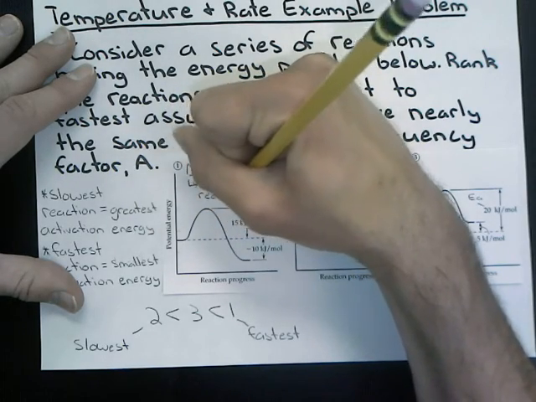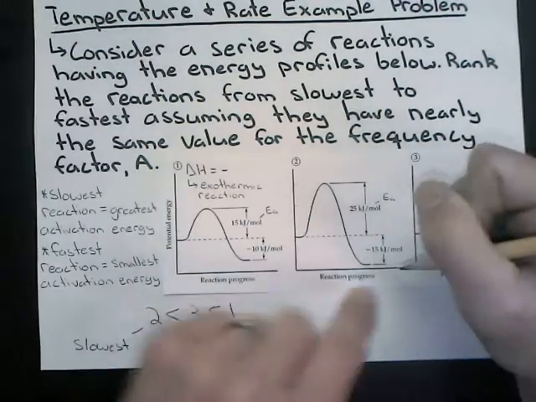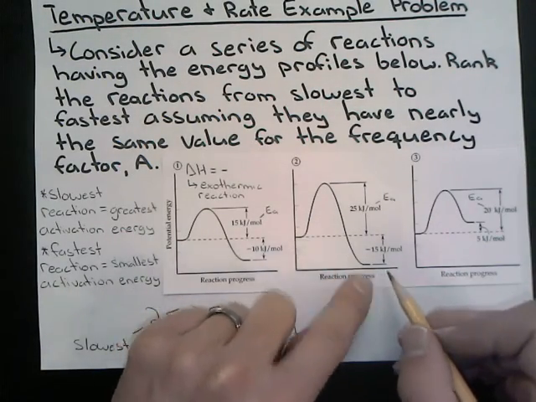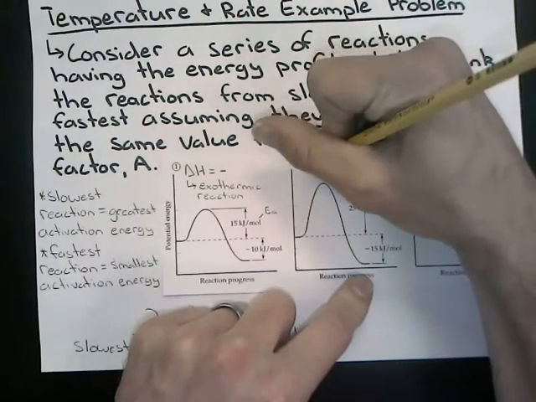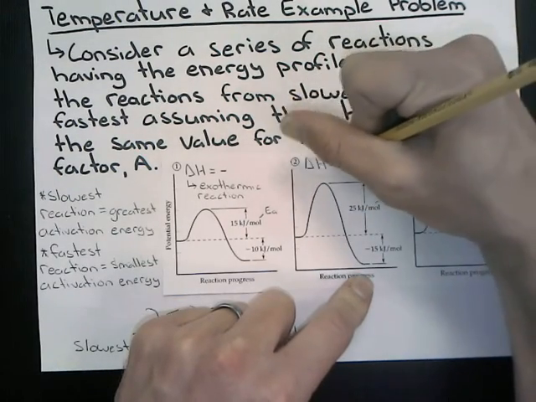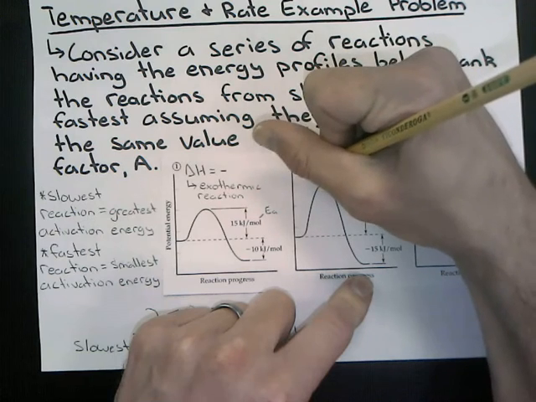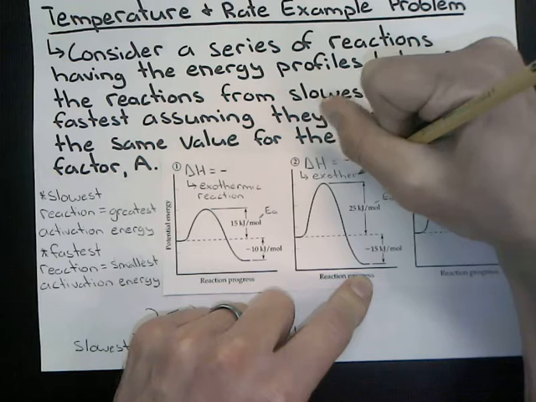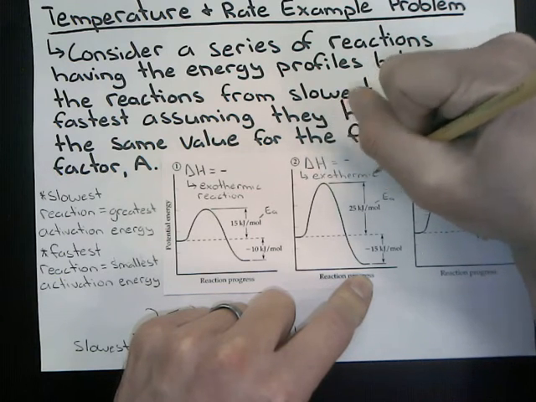Now we move over here to this next reaction, and again, the products are lower than the reactants in terms of energy, so that again means our delta H is negative, and this would produce an exothermic reaction.